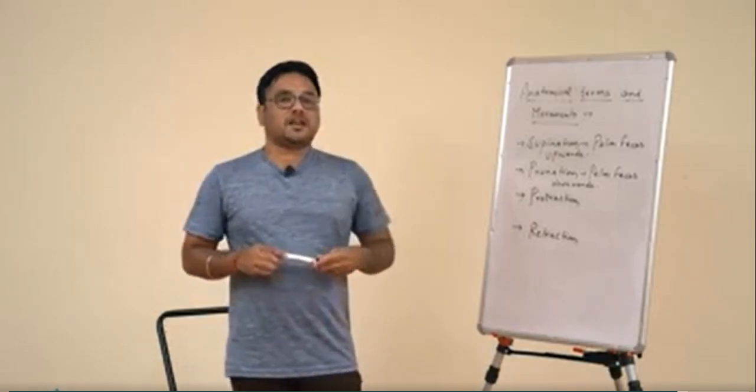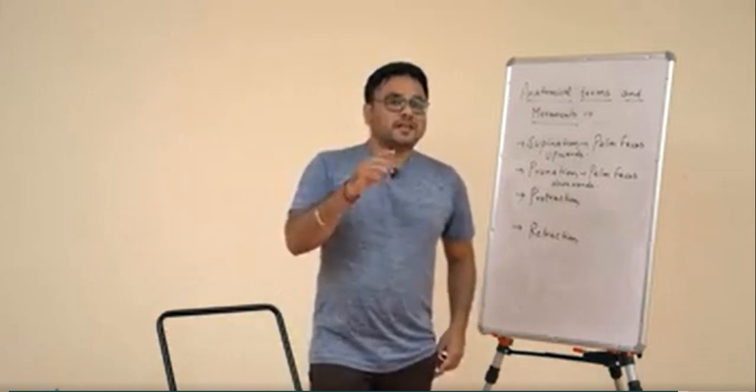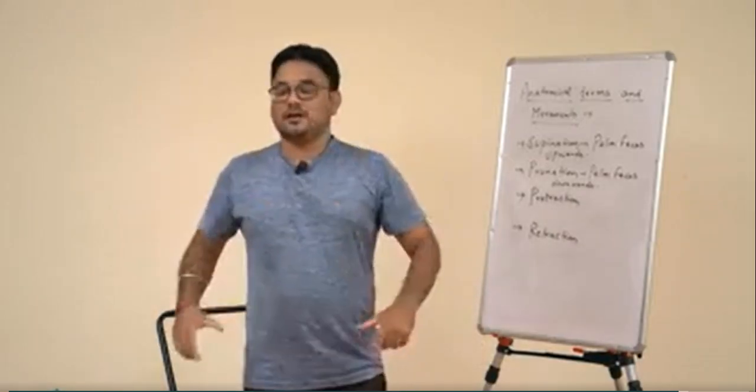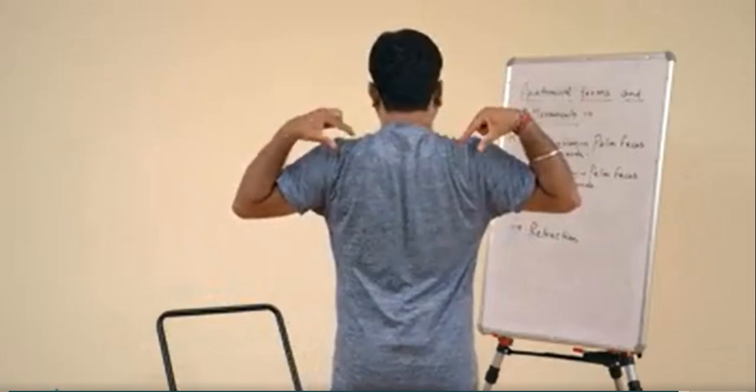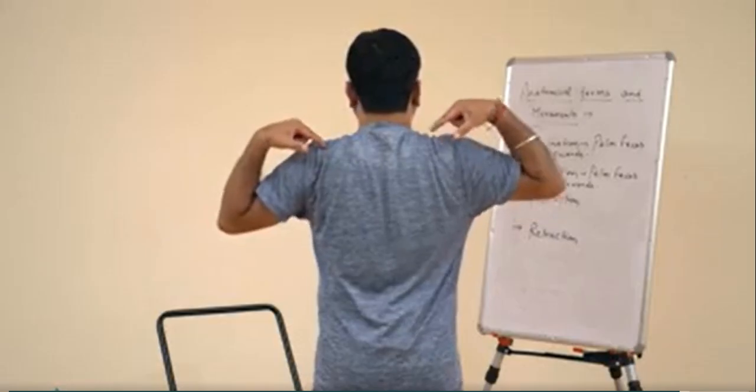Next are protraction and retraction. These are movements of your scapula, your shoulder blades, on either side of your spine.